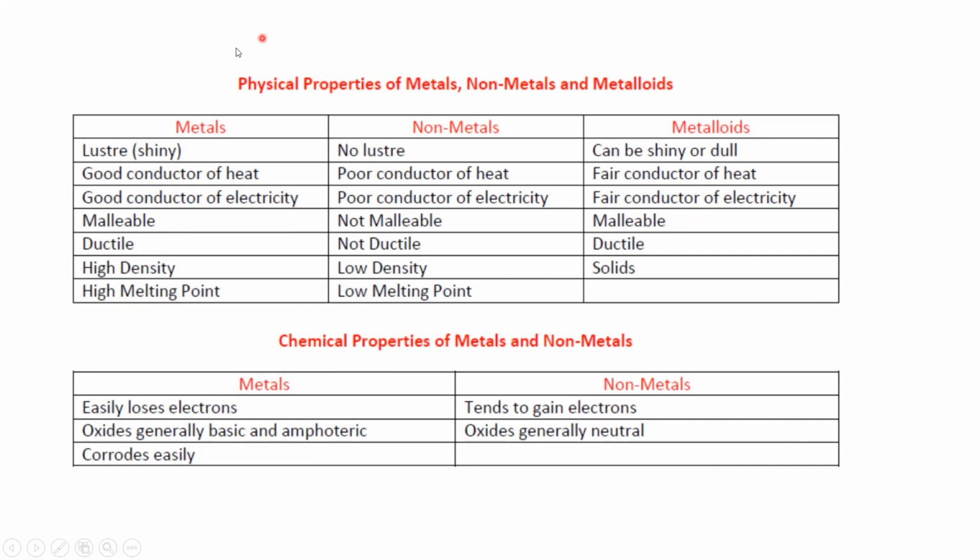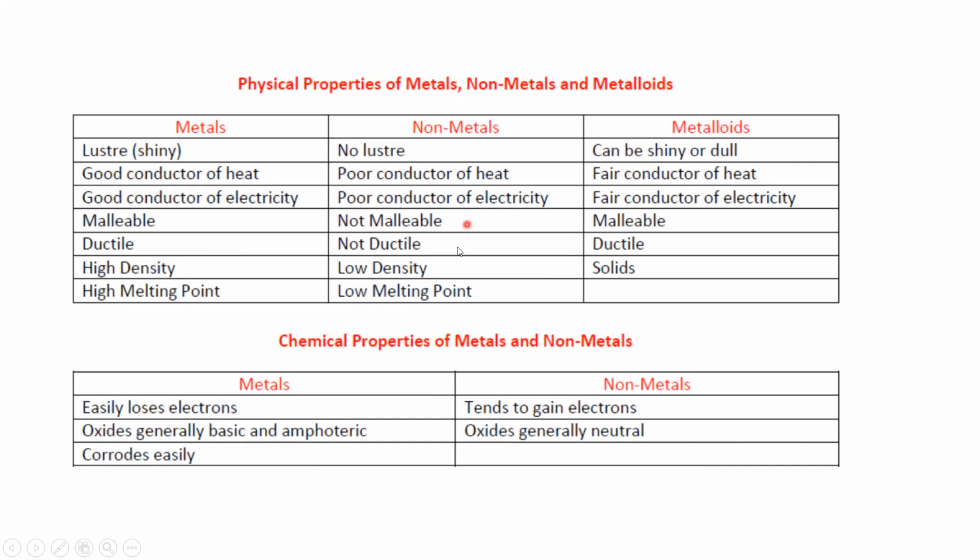Ductile means you can stretch them into wire, because the layers can slide, so we can make wires. So malleable means we hammer into shape or into sheet, and ductile means we can stretch them into wire. Non-metals are not ductile. Metalloids are also ductile.